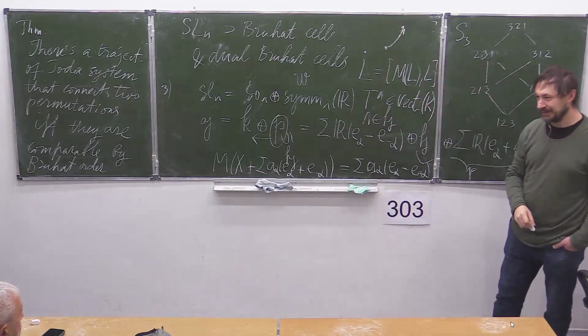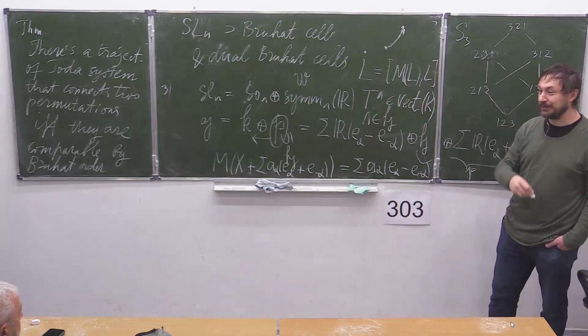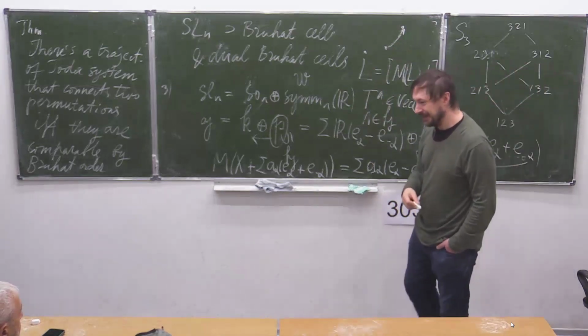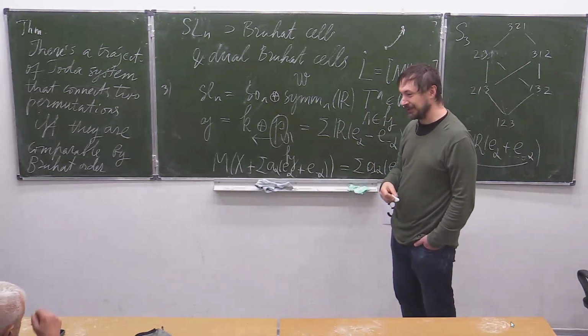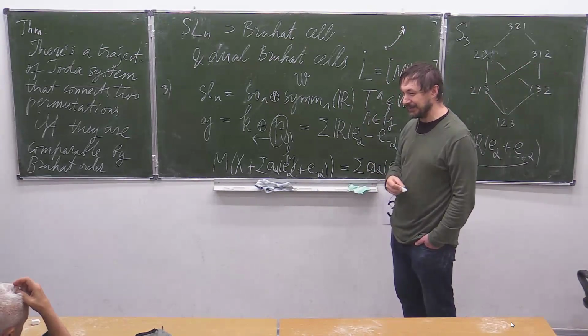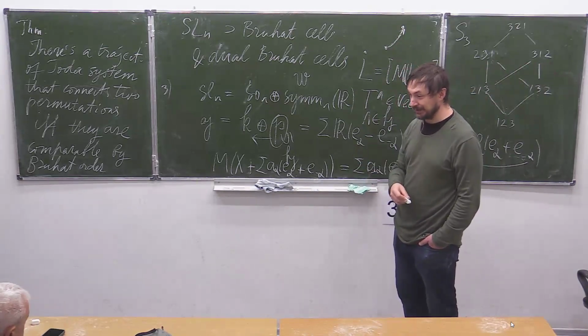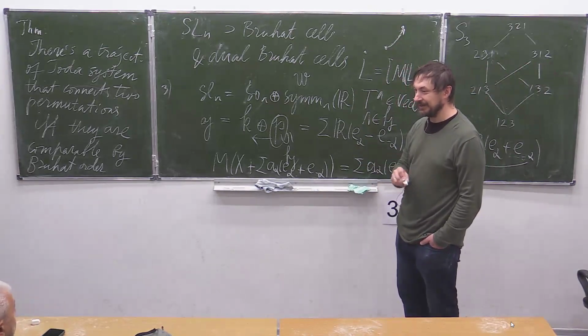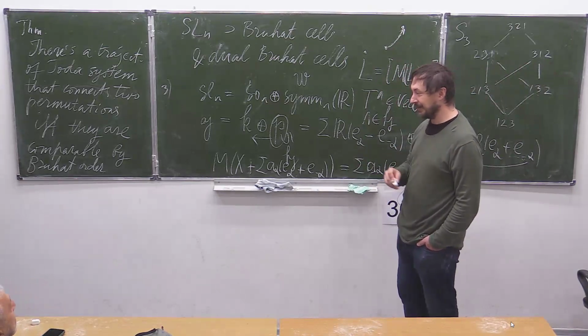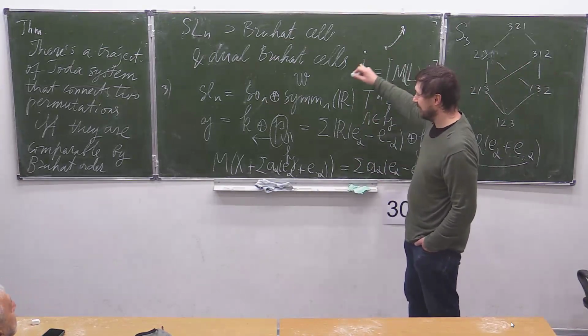So you can now reverse the reasoning and prove the properties of real Bruhat cells using the properties of complex Bruhat cells, which restrict the properties of real Bruhat cells and of the integrable system which exists there, which is quite interesting in my opinion.